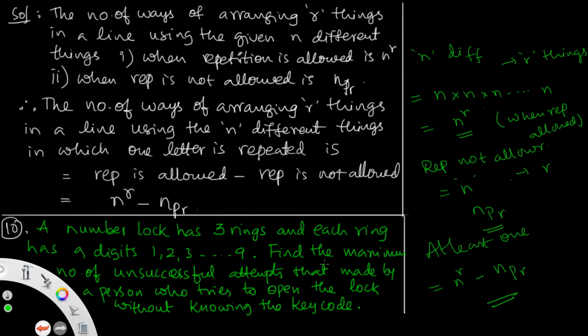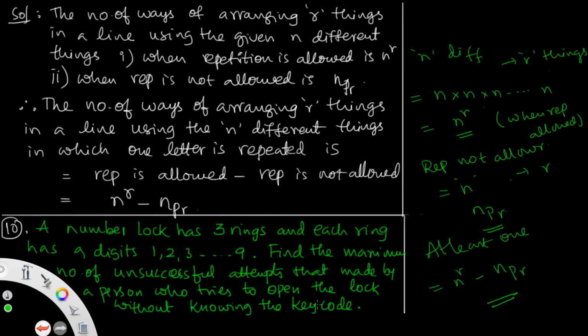So you have a total of 9 numbers, and the lock has 3 rings. The question is asking to find the maximum number of unsuccessful attempts. So you have successful attempts, total attempts, and unsuccessful attempts. The person opens the lock without knowing the key code.